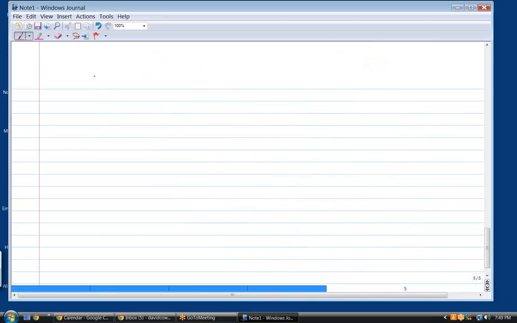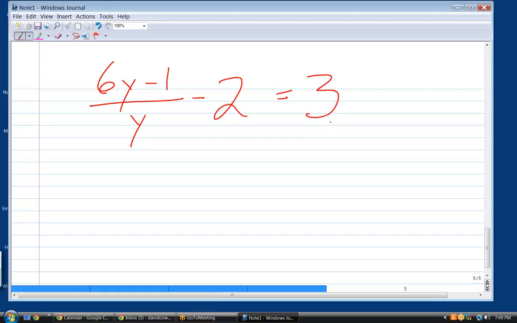Okay. I have an equation which is 6y minus 1 over y minus 2 equals 3. First step? Get a common denominator? That's going to make the problem harder than it needs to be.